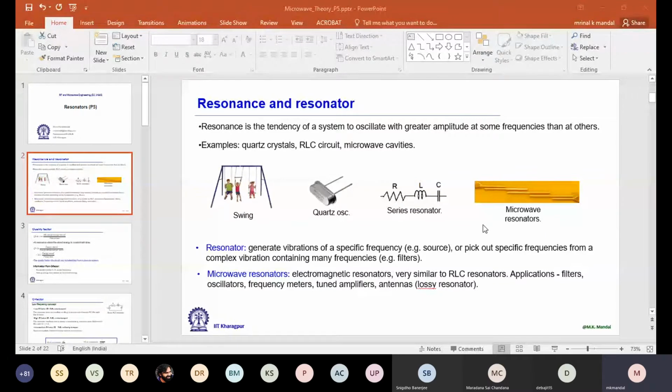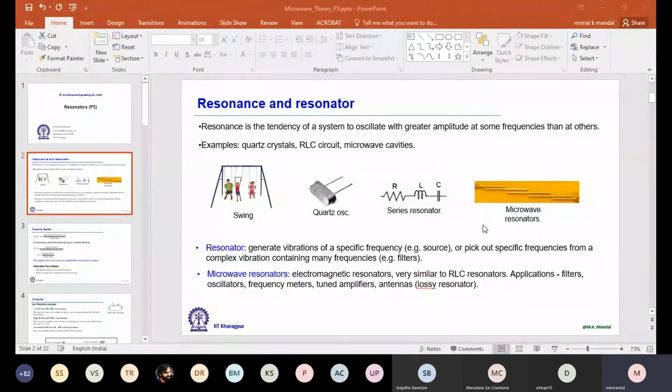Now, the purity of resonance: when I am using it as an RF source, it should provide just a single frequency, but practically it does not happen. So how pure this source is, or how it spreads over frequency, depends on the quality factor of the tank circuit. You know already that the quality factor of the tank circuit should be as high as possible. Then we will have a pure resonance at a single frequency.